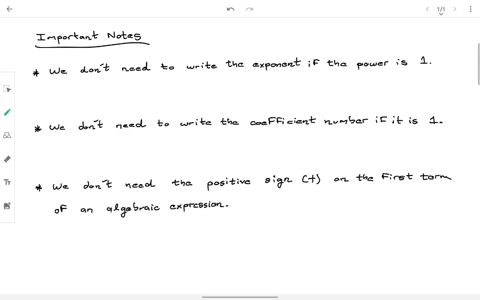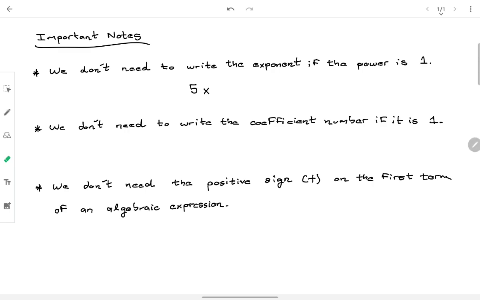The first one is that we don't need to write the exponent if the power is 1. That means if we have something like 5x, we don't need to write x to the power 1. If there is no number there, we know that it is power 1. So we don't need to write the power if it's 1.